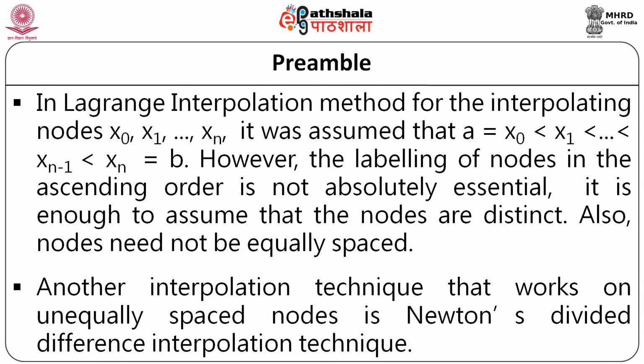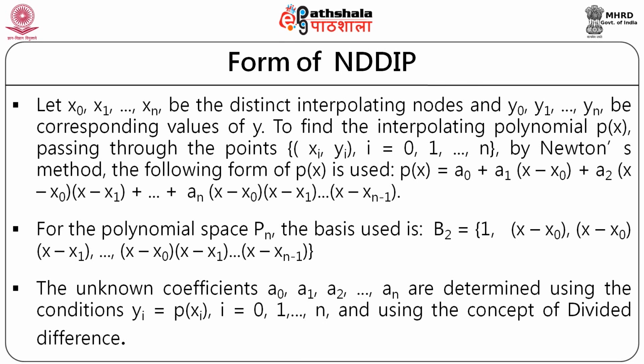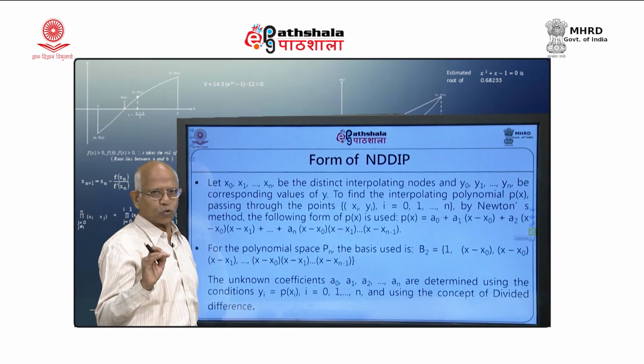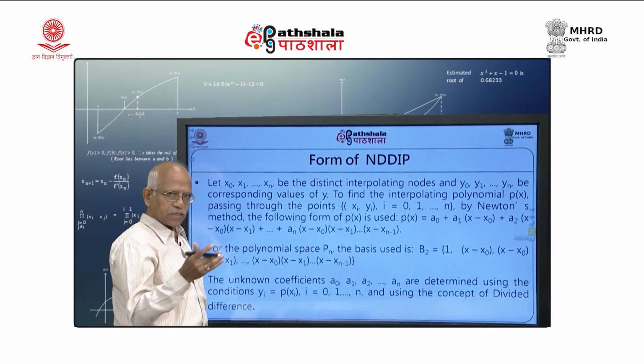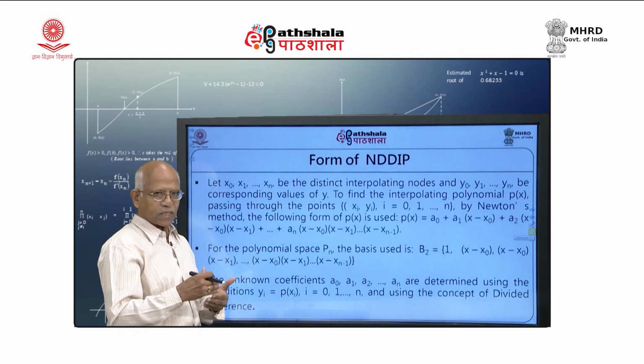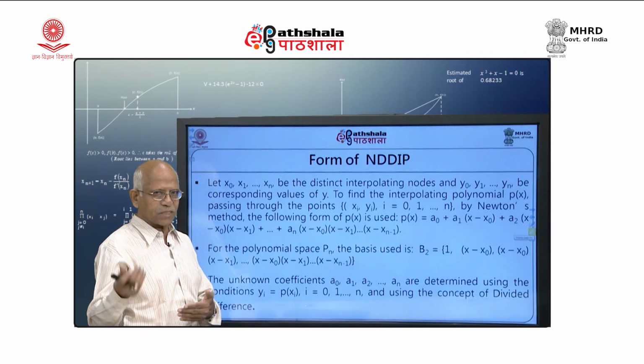Another interpolation technique that works on unequally spaced nodes is Newton's divided difference interpolation technique. Before we go to this, let us see the form of Newton's divided difference interpolating polynomial. As you remember, in the last module we saw the different bases for polynomials, and depending on which basis we consider, the interpolating formula or polynomial is decided.